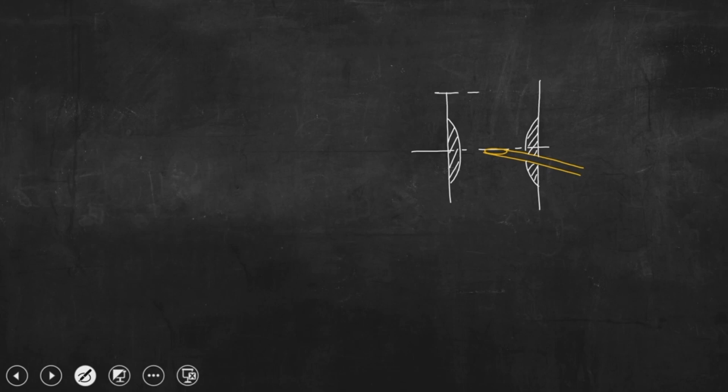So, if this is section AA, so this is section AA and air is coming, so this is clean air.